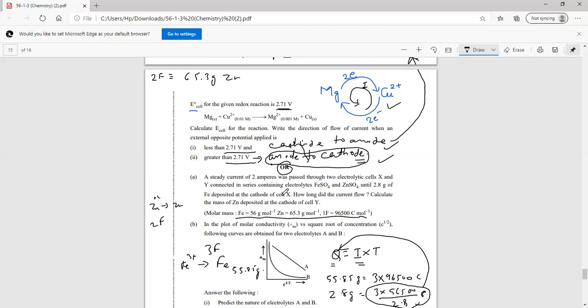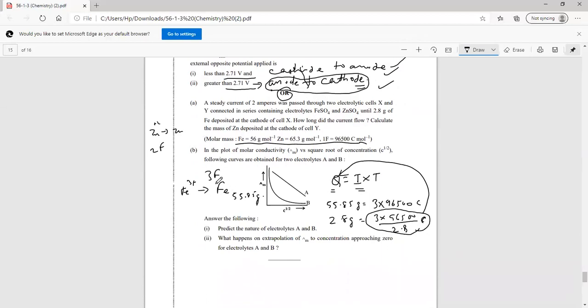So how much farad was passed? This was the charge. So we can write 3 divided by 2.8 farad. 3 into 65.3 by 2.8 gram zinc was deposited. So in this way, by using unitary method, you can solve it.